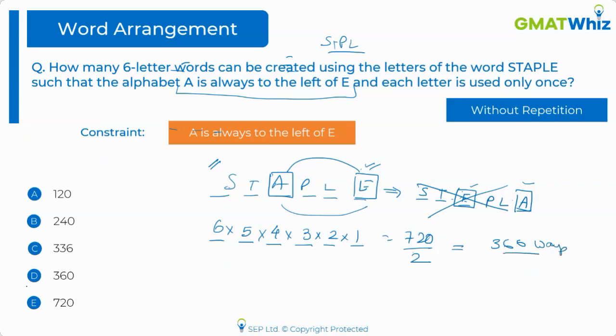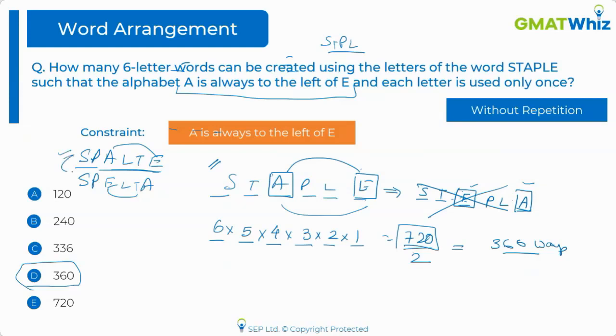So the correct answer in this case, as we all know, is 360. But I hope this explanation is clear. I'm reiterating it again because sometimes it's not very intuitive. 720 means what? All ways of forming the word. So you might have formed a word like this also. You might have formed a word like this. Keeping everything same, you might have formed a word like this also. So whatever words that you're forming, there's always a case where A and E are flipped.